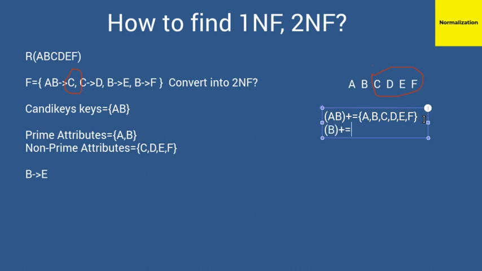B plus equals B, and because of B you are deriving E, and because of B you are deriving F, so mark all those. You are getting E and F, and with E and F you get nothing more. So these are the attributes derived by B: B, E, F.